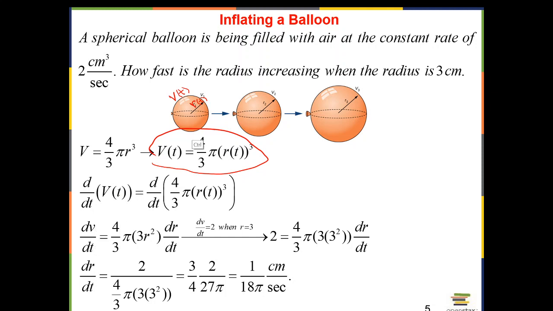And the derivative of 4/3 pi times something to the third is 4/3 pi, we keep that, times 3 times something to the second power, that's the power rule, times the derivative of the inside, which is dr/dt.